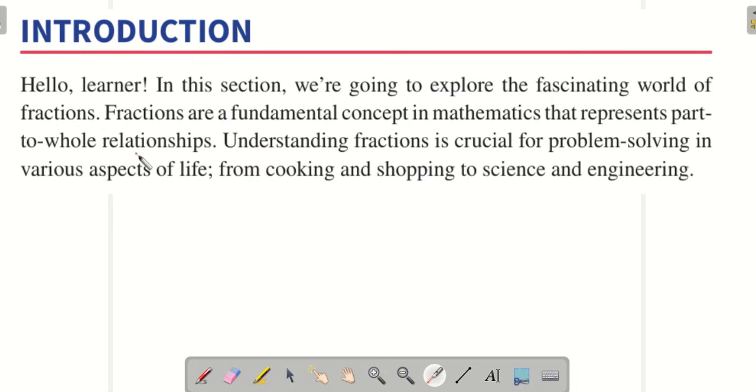Understanding fractions is crucial for problem solving in various aspects of life, from your normal cooking and shopping to science and even engineering.